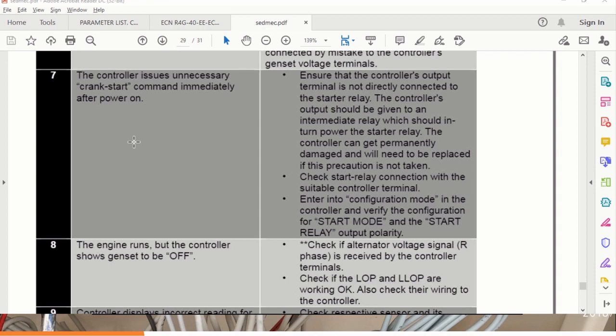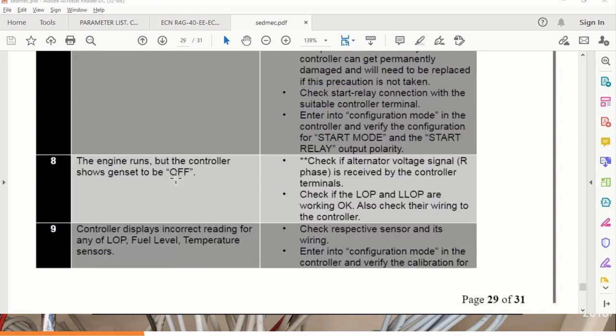Actually there are some other issues, like the emergency shutdown button has been pressed, or LLOP is present, or something else, because of which the DG failed to start. So all these alarms we have to understand sequentially, so accordingly we can take a fine and best quick judgment.